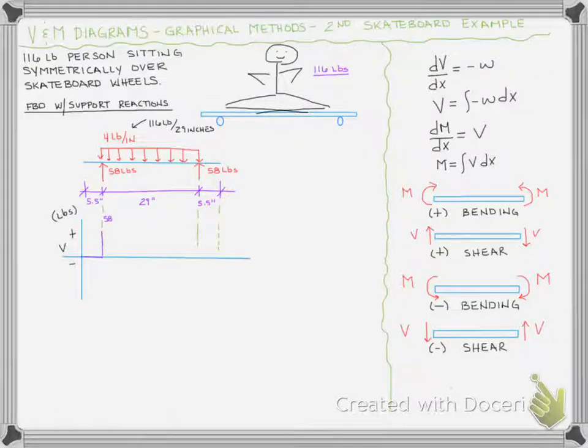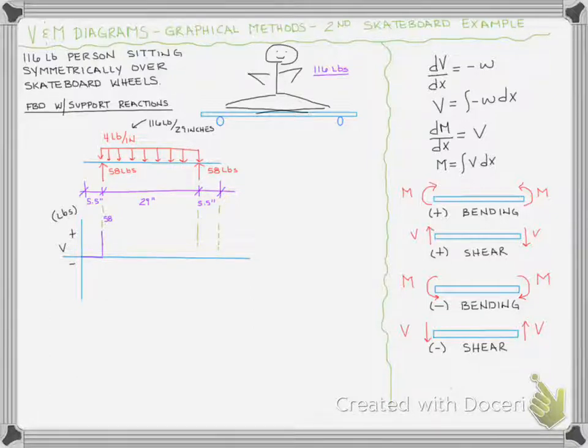But the moment we just move the tiniest bit to the right of the wheel, then we start dropping by 4 pounds per inch. We could sit and start making marks, okay, -4, -4, -4 pounds, but we see that the 4 pounds per inch is constant over 29 inches. So we can actually come clear over to the second wheel and just subtract the area under the load diagram up to that point.